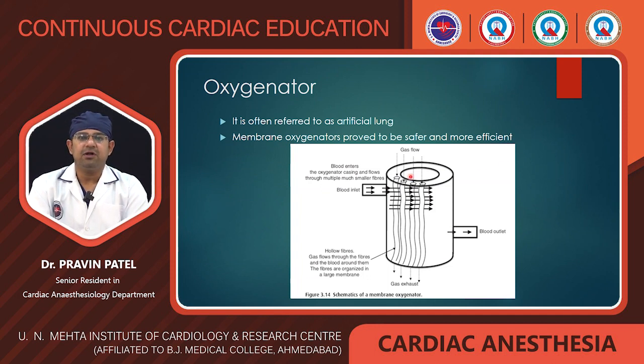This is an example of a membrane oxygenator. The one present in this vertical diagram basically has hollow fibers, and the gas flow that is called sweep gas goes into the hollow fibers. This is the blood inlet where the blood comes into the membrane oxygenator.